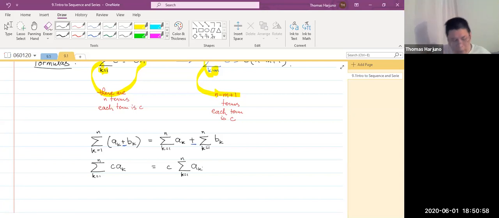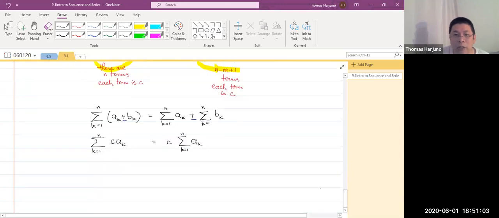So for example, if I have just how to use this. Suppose I have the summation from k equals 0 to 5 of 3k plus 2.